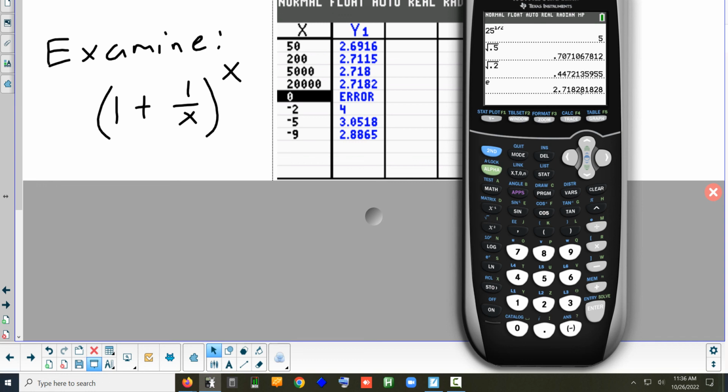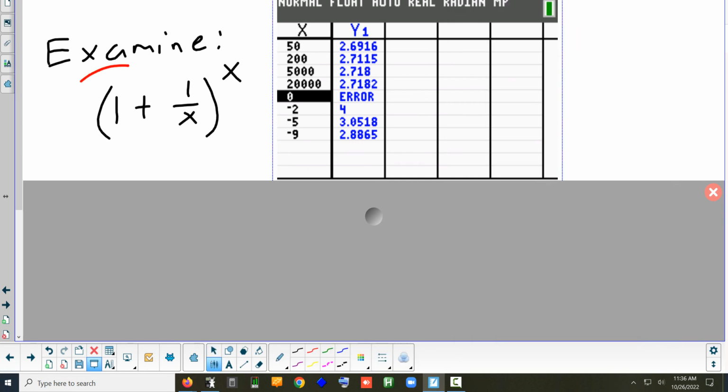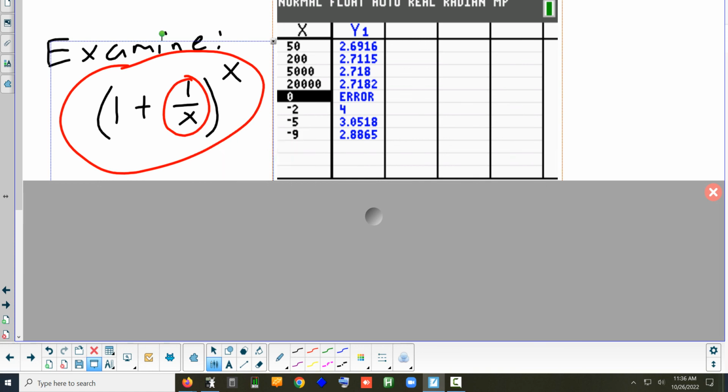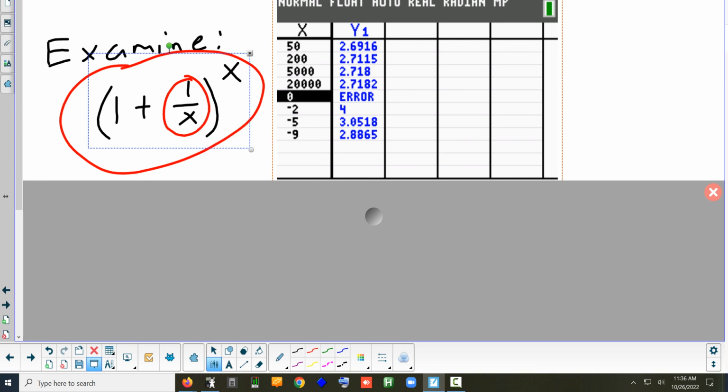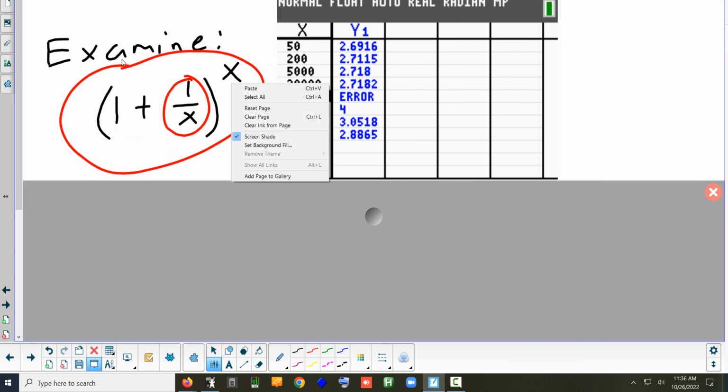Interesting. So it's kind of a weird idea to think about this graph because you're taking a number that's getting infinitely small, like pretend x is 20,000. 1 divided by 20,000 is extremely small, getting close to 0. And then you're taking something that's infinitely small and adding 1 to it. So you basically have something extremely close to 1, but you're raising it to an infinitely large power.